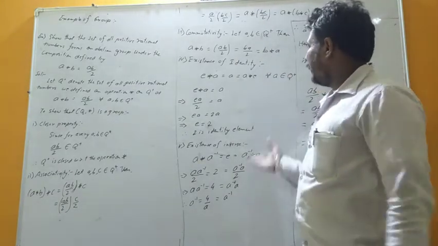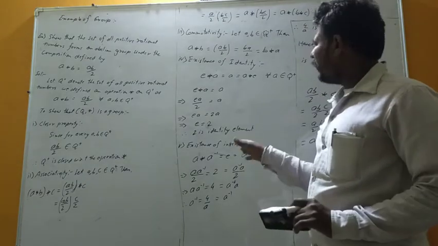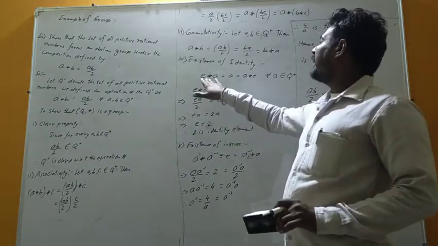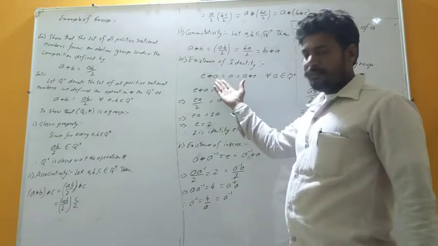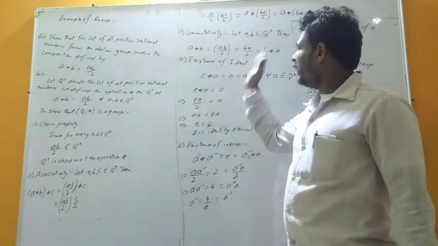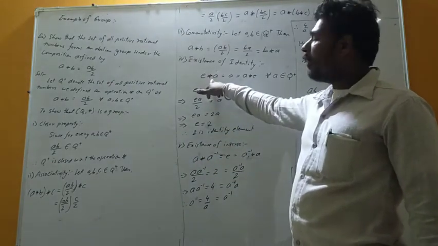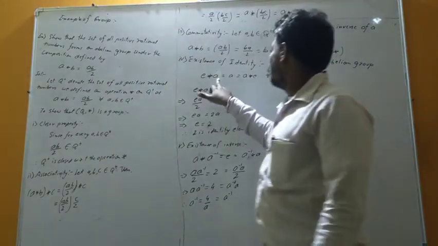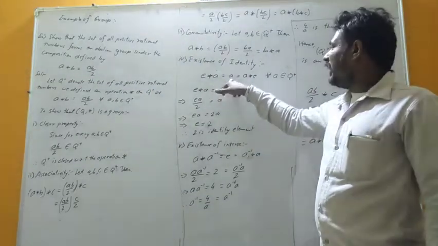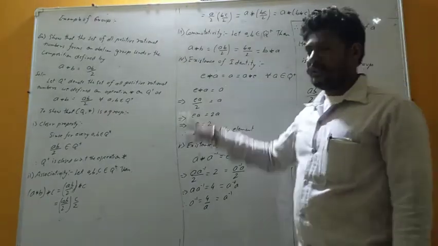Next, we have to think about the existence of identity. By the definition, there exists an element e such that if we compose it with any element of the set, e star a equals a. So we have to find the identity element for this set.